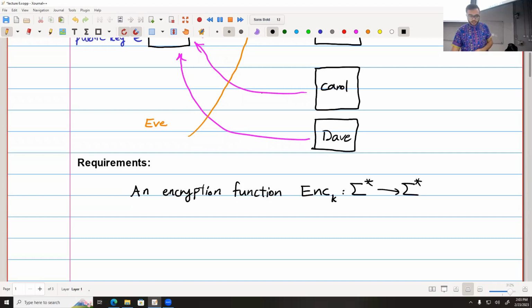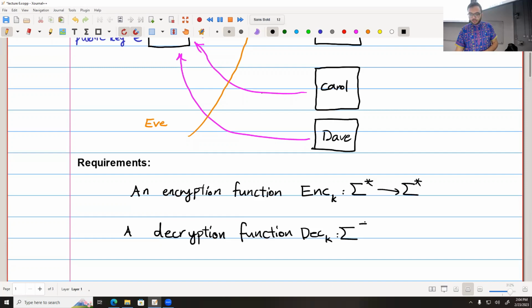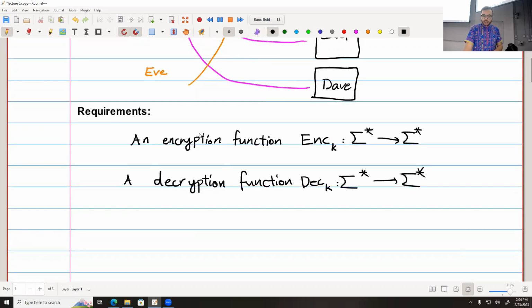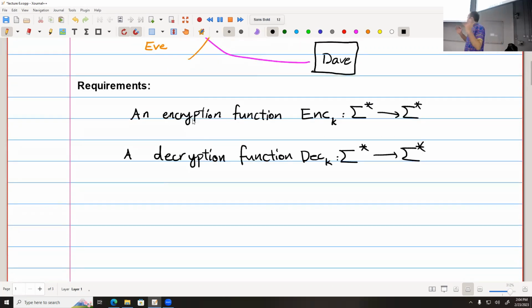Now, of course, I also need a decryption function. So I would say I also have a decryption function. Let's call it DEC for decryption. It also takes a key K as a parameter, and given a particular key, it maps strings to strings. But previously, like when I was using one-time pad, I would always use the same key.